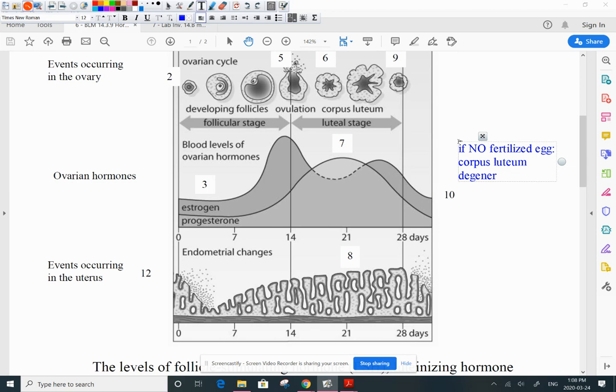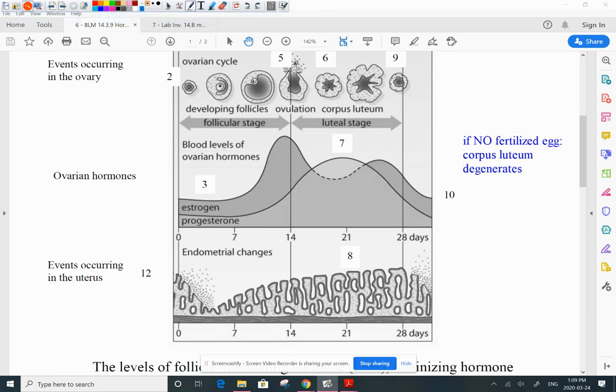It means it shrivels up. It is going to basically die off. It's not needed anymore, right? There's no need anymore for this progesterone. And so goodbye. See you later, corpus luteum. It starts to degenerate. And that's what's happening on number 9. No more corpus luteum.